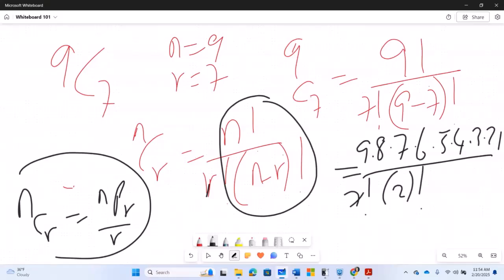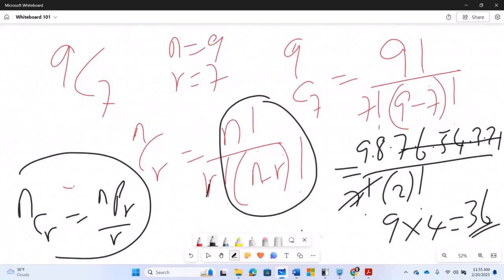And then I can simplify it. 7 factorial will cancel everything here. And with 2 factorial, 2 going into 8 is 4. 9 times 4 is equal to 36. So my answer is 36.